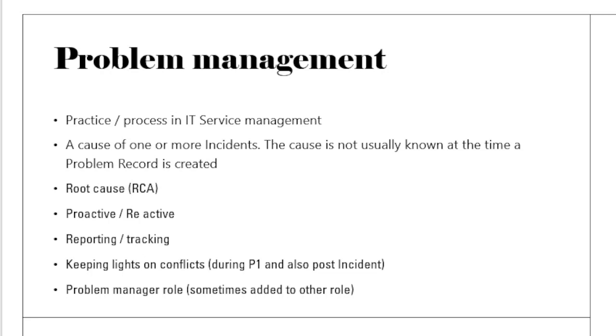It's important to be as proactive as you can with problem management. Typically, problem management is reactive. There's been a major issue, there's been lots of incidents, we've created a problem management record, and we're now going to look at it. How can we avoid this from happening again?